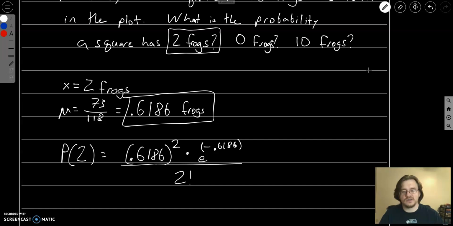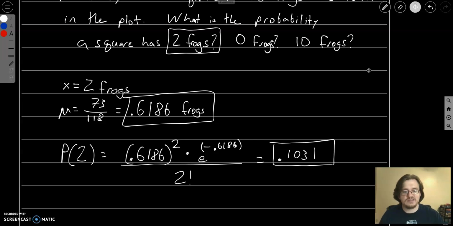Remember that factorial just means we multiply all the numbers from that number down to 1. So 2 factorial is just 2 times 1. Now, this is not something that I would ever expect you to do by hand, so we would just plug this into a calculator, and what we end up with is 0.5387. So here, this says that the probability, excuse me, I wrote down the wrong number. And the probability for 2 is 0.1031.